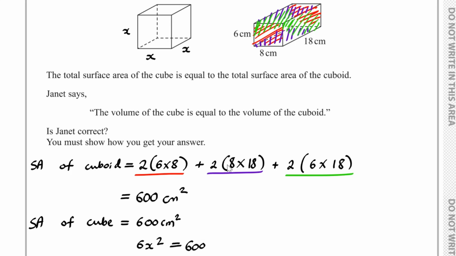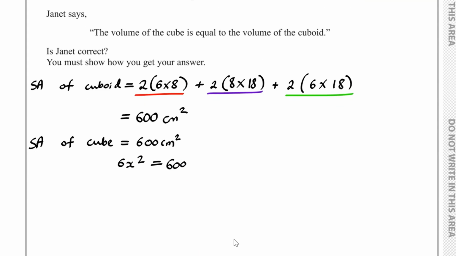So if we use this information, we can divide by 6 on both sides. So we have x squared is equal to 100, and therefore x is equal to 10 centimeters. So this is the length of the cube.